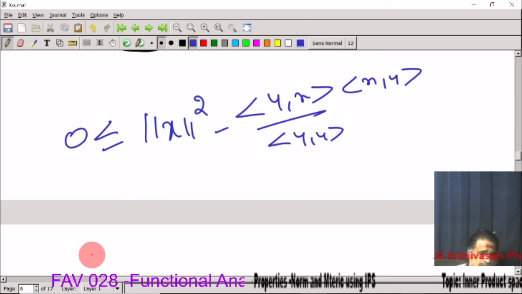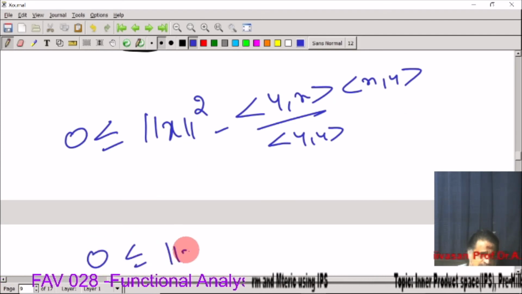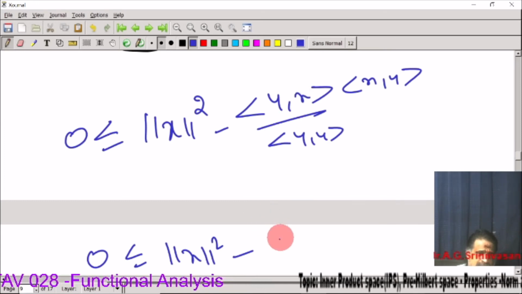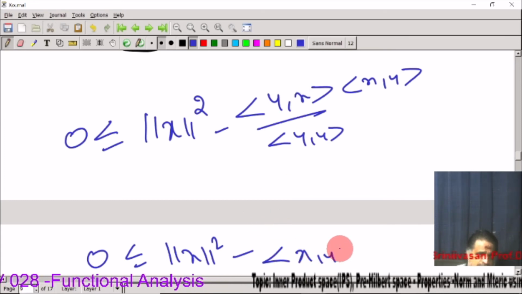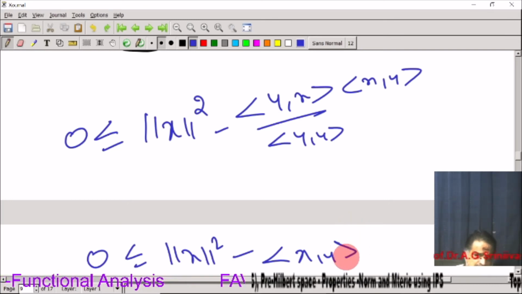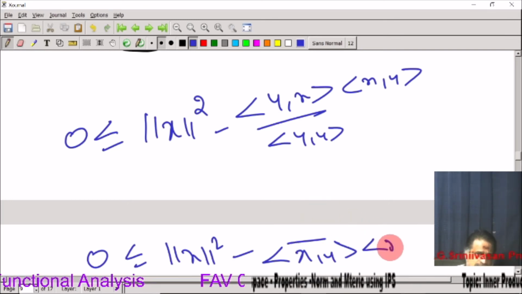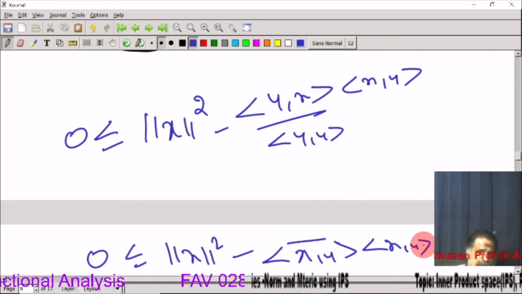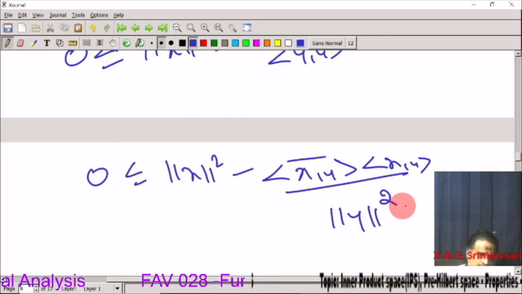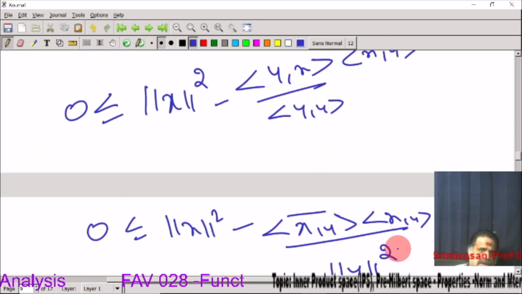Now this is nothing but 0 less than or equal to norm x square minus, by definition of the inner product, yx is nothing but the conjugate of xy, into xy, that's the first part, divided by the denominator norm y square, because yy is norm y square.